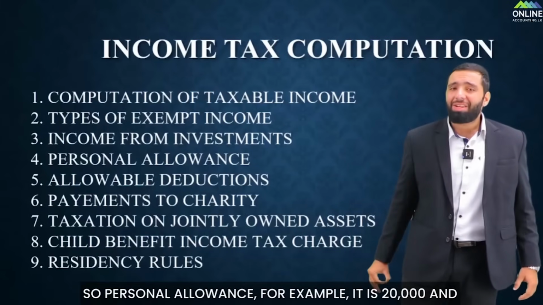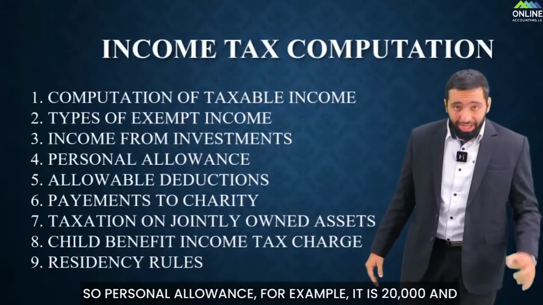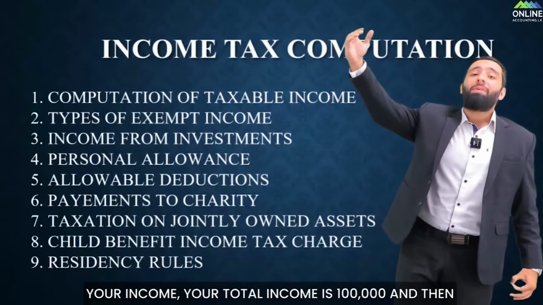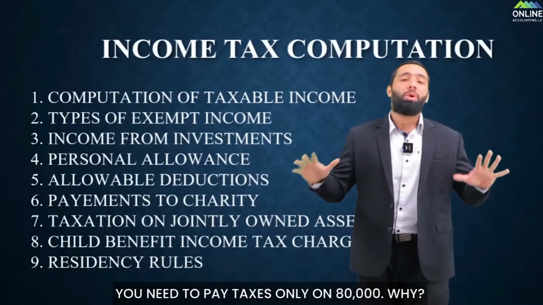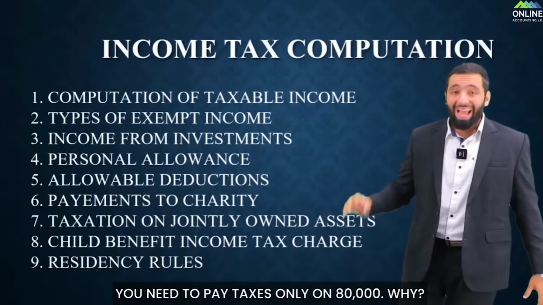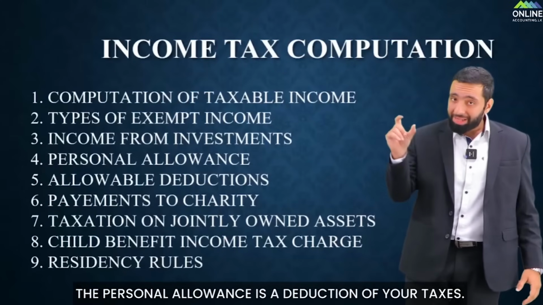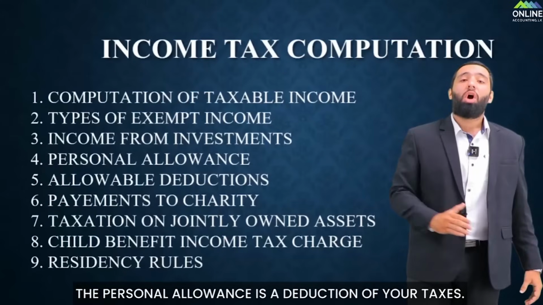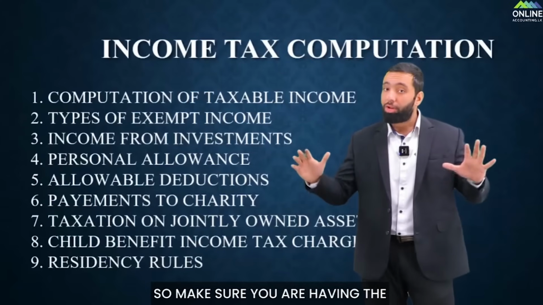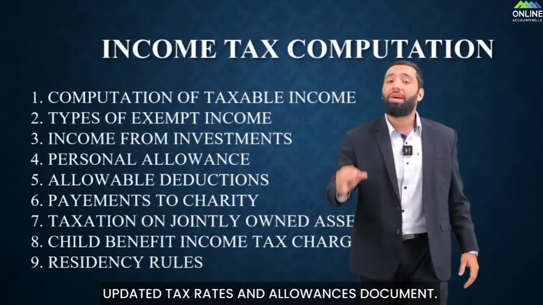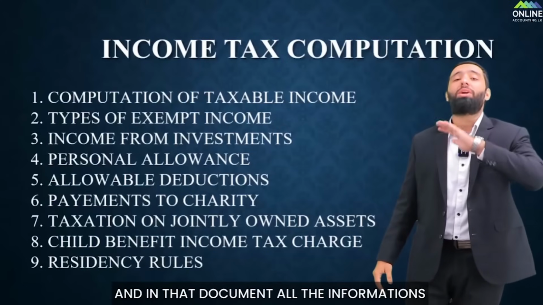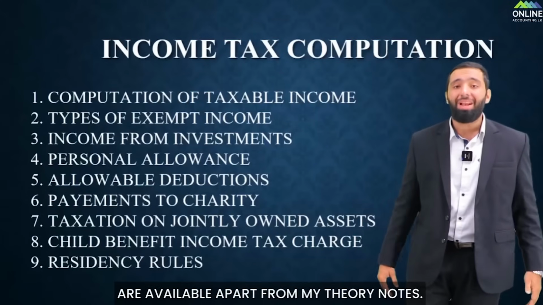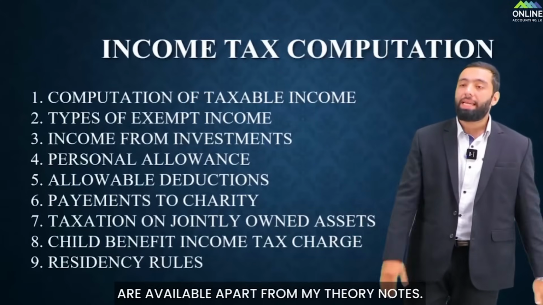So personal allowance, for example, it is 20,000 and your total income is 100,000, and then you need to pay taxes only on 80,000. Why? The personal allowance is a deduction from your taxes. So make sure you have the updated tax rates and allowances document, and in that document all the information is available apart from my theory notes.